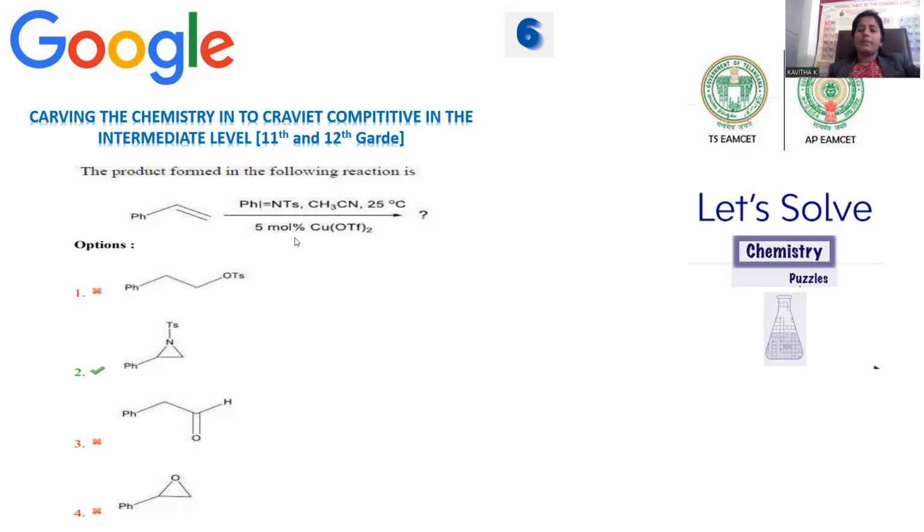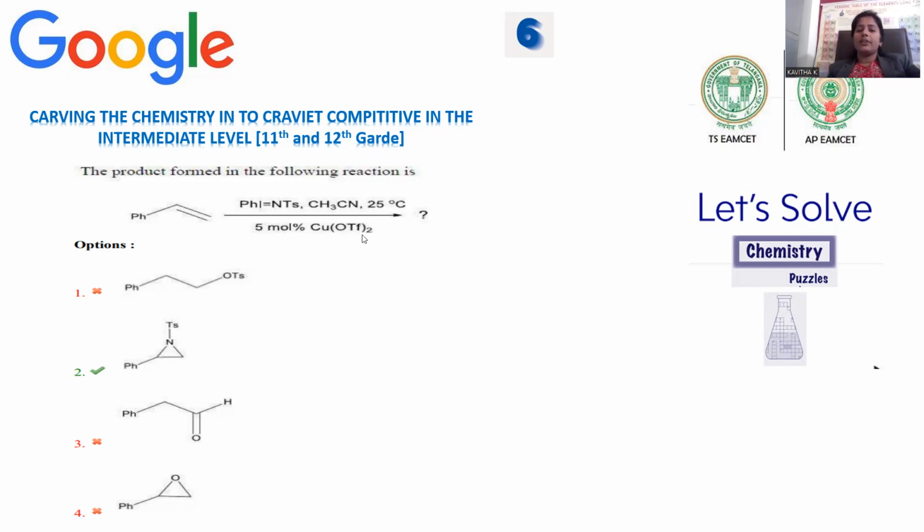Here 5 mole percent copper catalyst is taken. This is simply said to be a catalyst. Again, don't get confused about this. If any metal complexes are given, we can simply assume, not always but in most cases, that they might be catalysts, because most transition metal complexes are catalysts in synthetic organic chemistry.